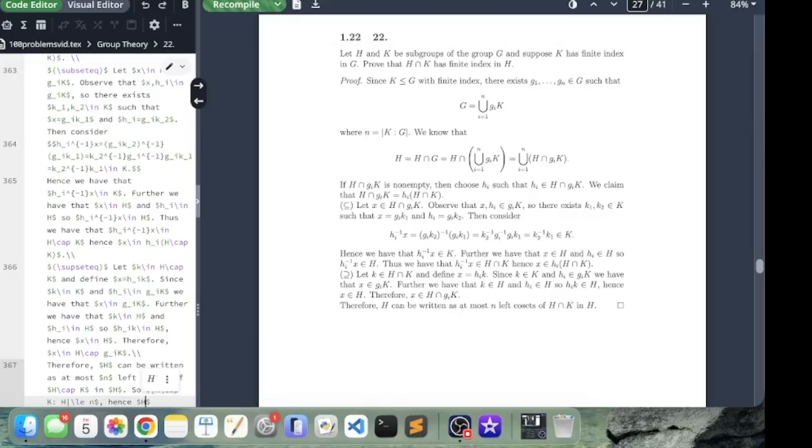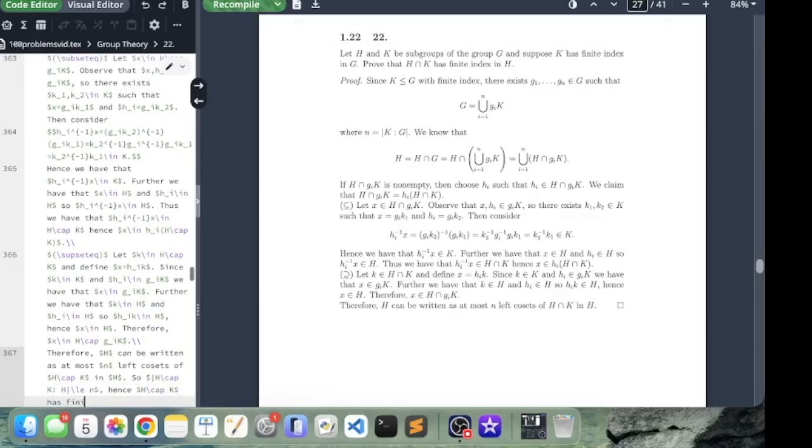Hence, H intersect K has finite index in H. And we are done with problem 2.